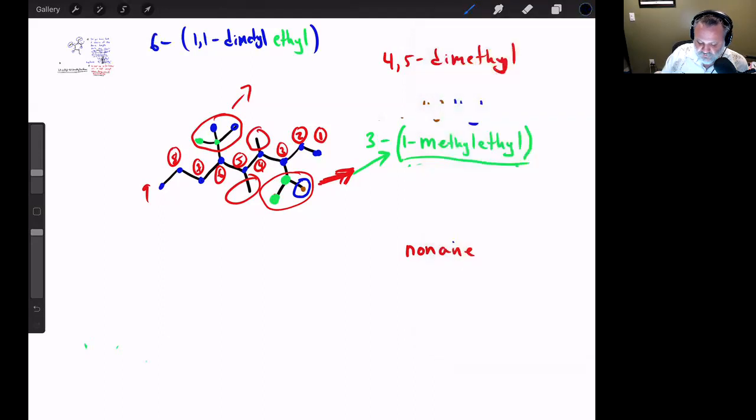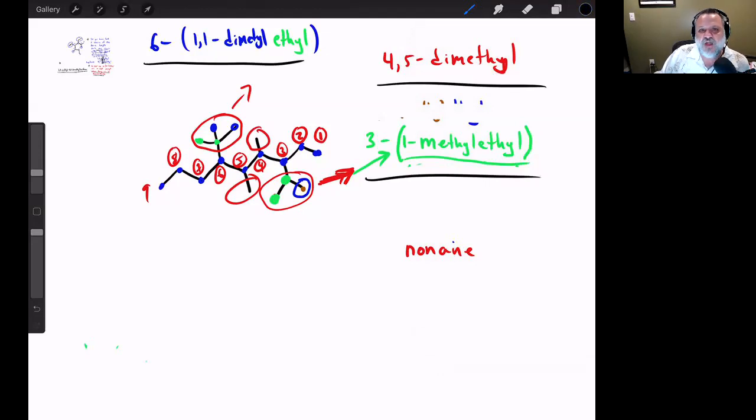And so now we have our substituents. We have them all named. And so let's put them together. And remember, we're going to put them together alphabetically. Just like I said before in this previous bit of naming, we would normally not use di, tri, tetra, or any of those prefixes to do alphabetizing, except we do when they appear inside of parentheses.